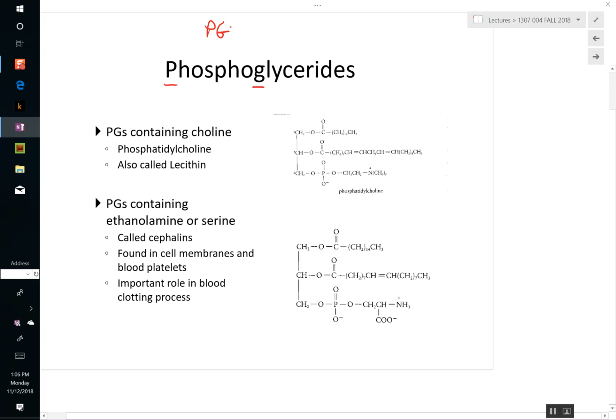It's also called lecithin. So if you get into anatomy or the endocrine system and you hear some of these words, they are particular molecules. Cephalins are in the blood platelets. This is a serine. You can see the phosphorus oxygen carbon bond right there, where the serine is bonded to the phosphorus with an oxygen between them.